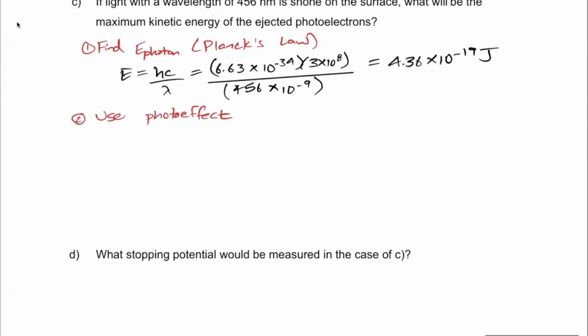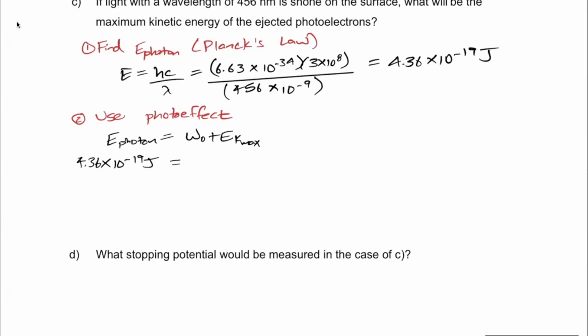In order to do that, we are going to write out the photo effect equation. And we want to know the maximum kinetic energy. So the last variable is our mystery here. Our E photon we just calculated is 4.36 times 10 to the negative 19 joules.